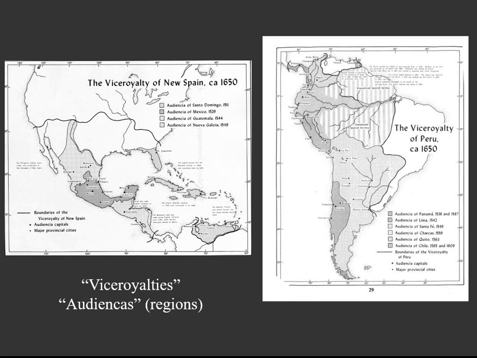And very often, especially after the early 1600s, when the Spanish government needs money desperately, they've declared bankruptcy and they're having all kinds of financial problems, they'll start selling even these local offices to anyone who's willing to pay to buy the office. So this becomes an investment strategy for a lot of people who become office holders.